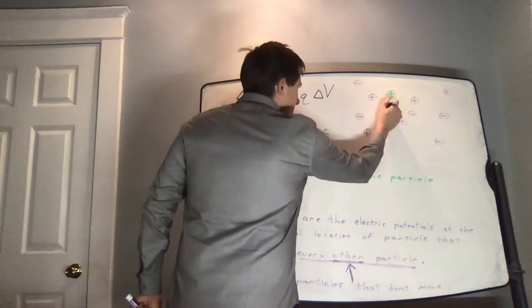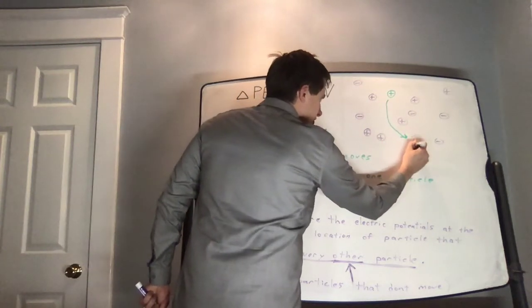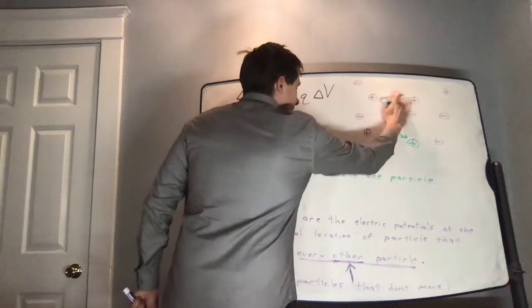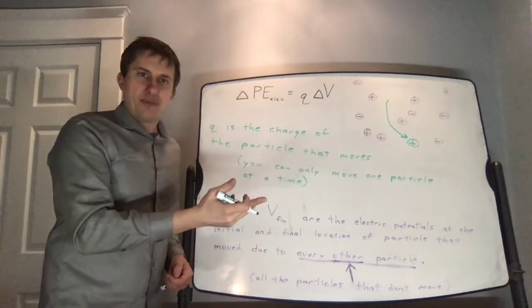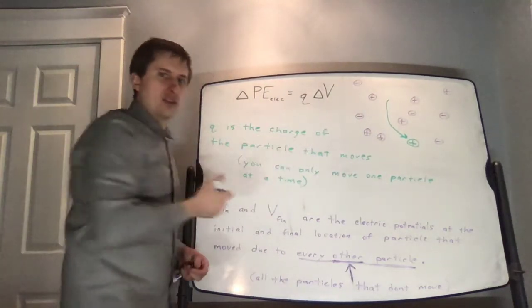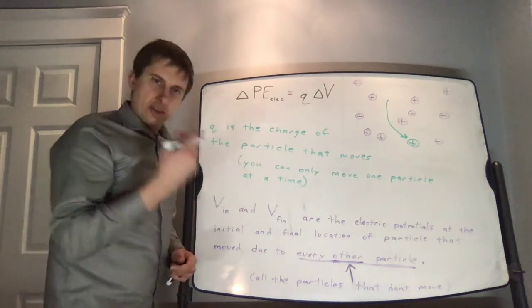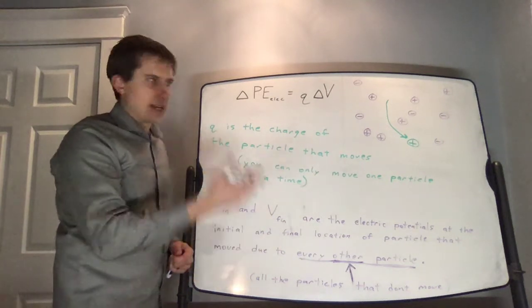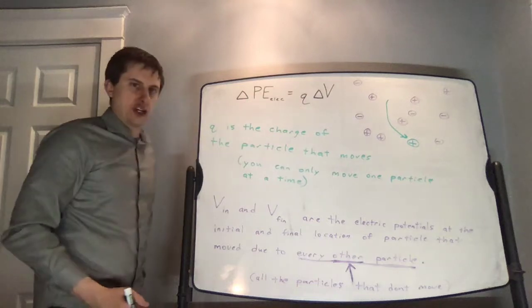But then when I move the particle to its new position, there will be a different amount of potential energy associated with this new configuration of particles. The change in potential energy is going to be described by this equation.